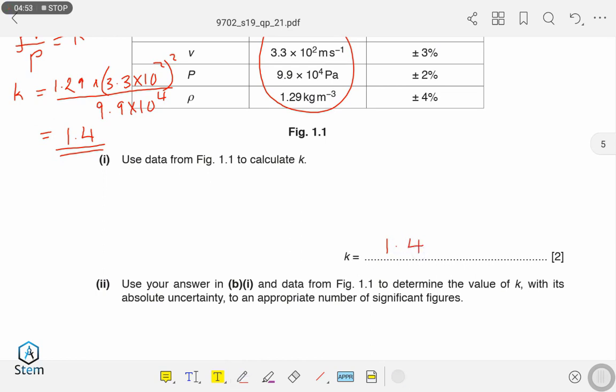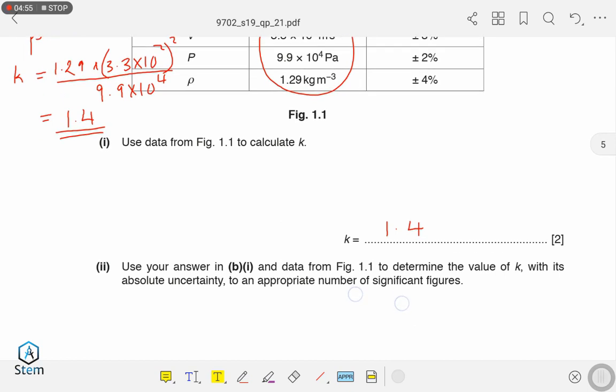All right, use your answer in B item 1 and the data from Fig 1.1 to determine the value of K with its absolute uncertainty to an appropriate number of significant figures. Okay, so we are going to be calculating the absolute uncertainty, and we are going to present our answer to the appropriate number of significant figures.